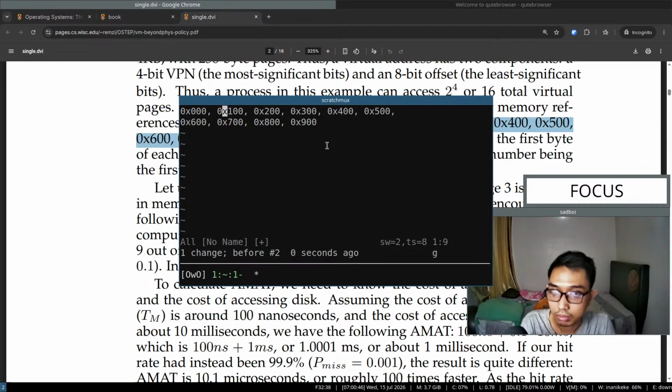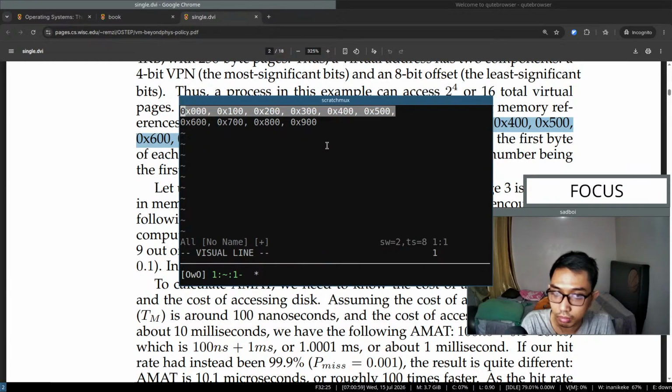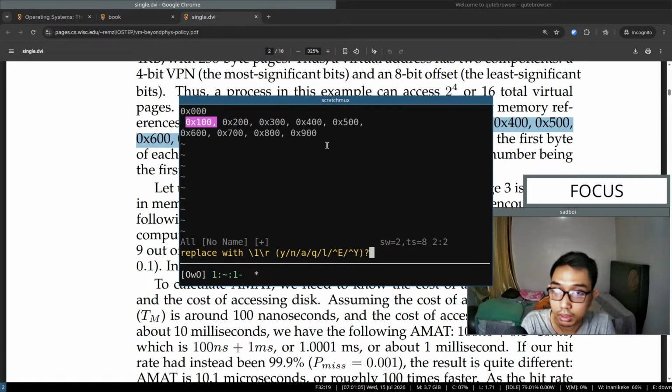Okay, no. Is it this one? Interesting. Yeah, not 0 but 1.